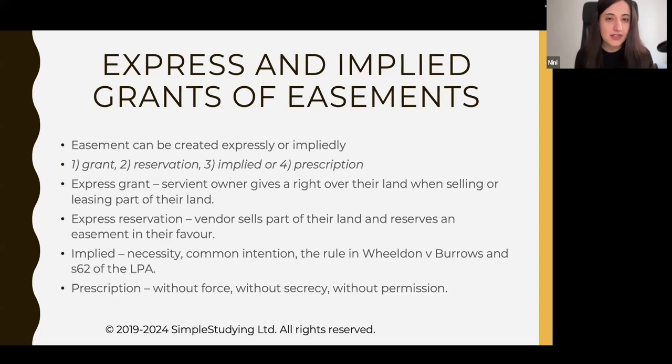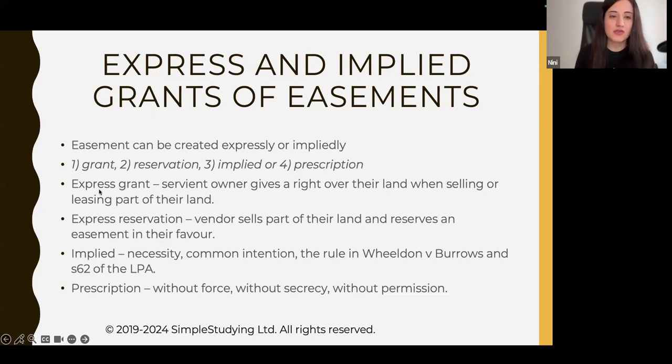If it's an express grant or express reservation, or for implied easement, there are a few different ones: necessity, common intention, and the rule in Wheeldon v Barrows, which is section 62. These are all the ways that an easement can be created: grant, reservation, implied, or prescription.